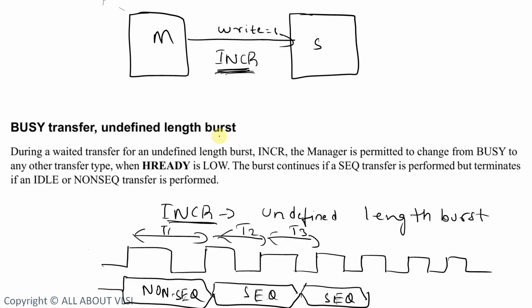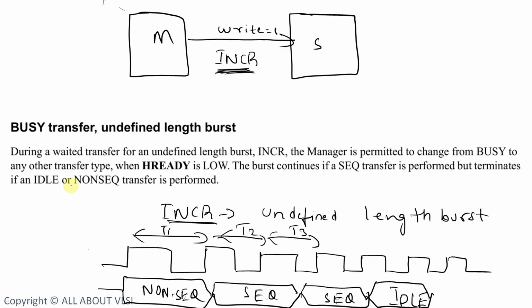So the master will tell the slave using the HTRANS signal. It will change the transfer type from sequential to idle, so that the slave will come to know that the master has completed the transfer. By sampling this transfer type, the slave comes to know that the master has completed the transfer.